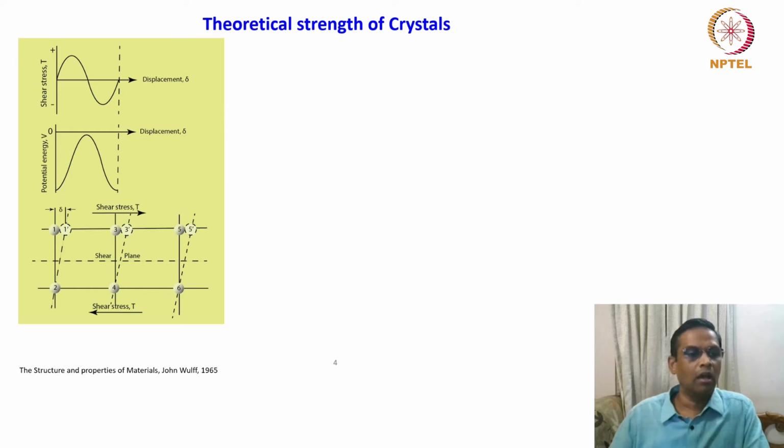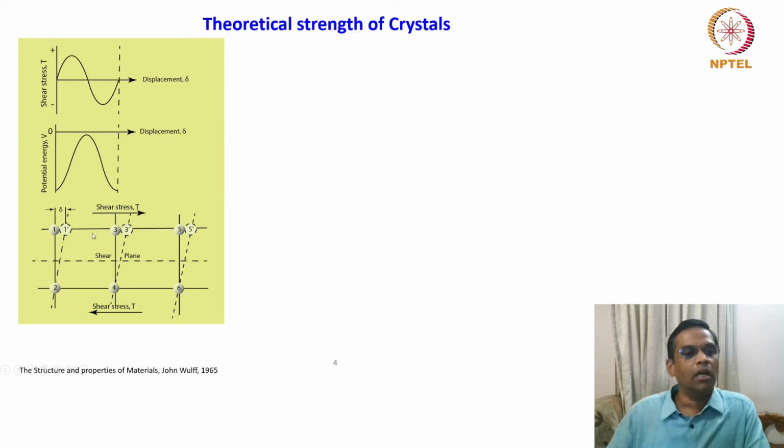In this metastable position, the atom can move in either direction. Both ways are possible, right? Because at this mid position, the potential energy is almost zero. It can go this way or that way.